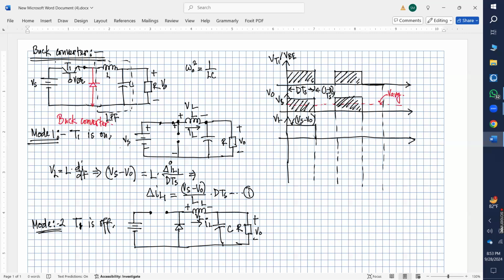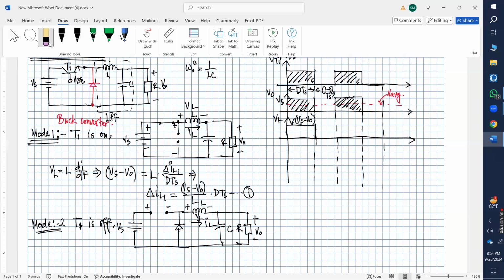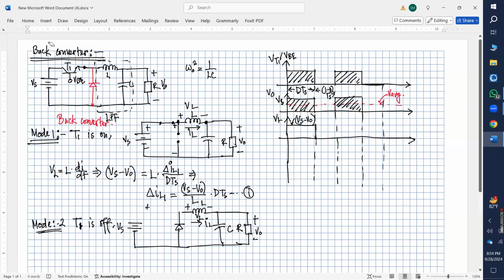Since this switch is off, the input voltage will appear across the switch. So basically this portion will not have any contribution to what's happening in the section to the right of the diode, so we can simply neglect this portion.